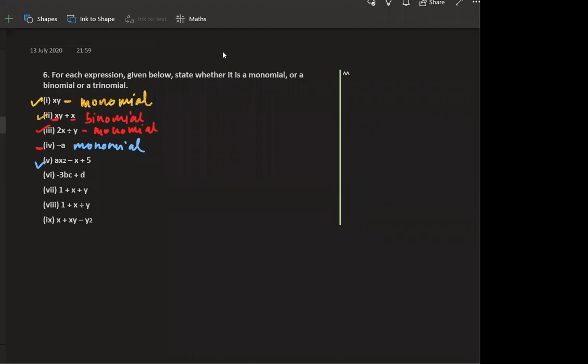Yes, there are three terms, 1, 2, and 3. So this is trinomial.